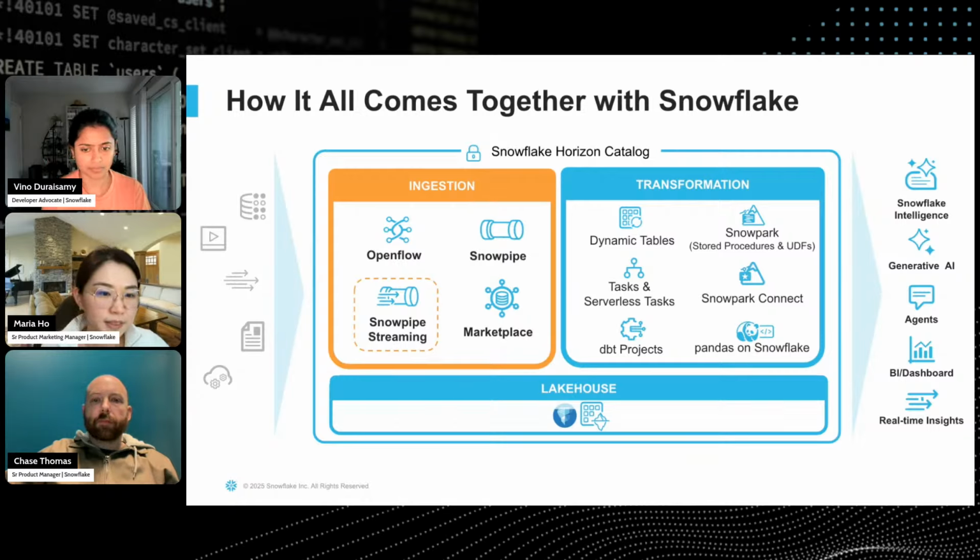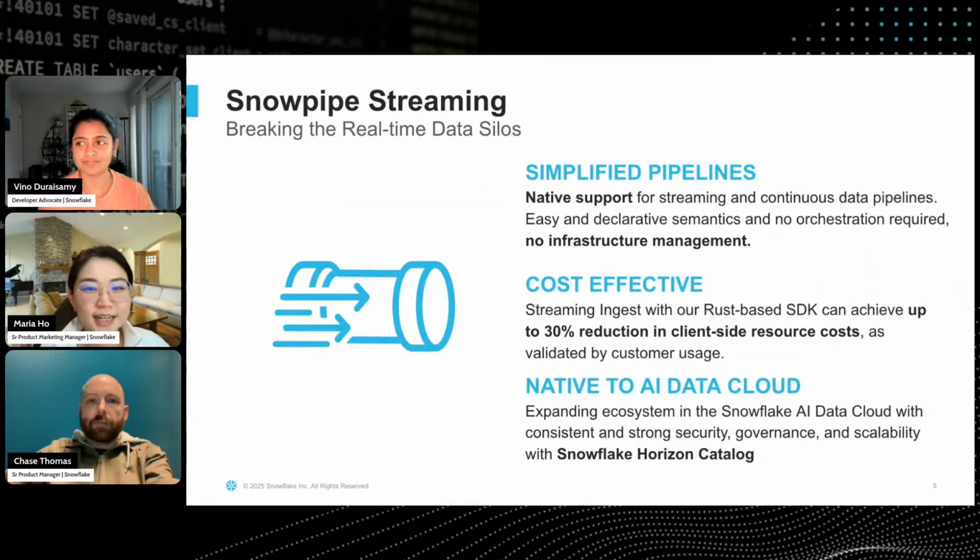We have a couple of data ingestion options, including OpenFlow and Snowpipe, and today we're talking about Snowpipe Streaming. In a minute, Chase is going to showcase this new, exciting launch that is GA today.